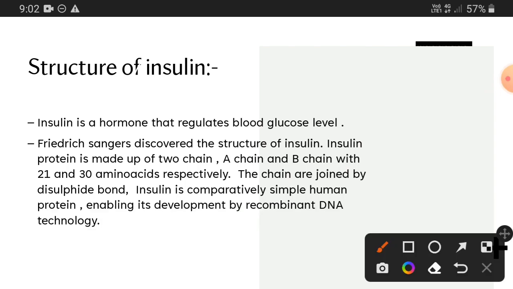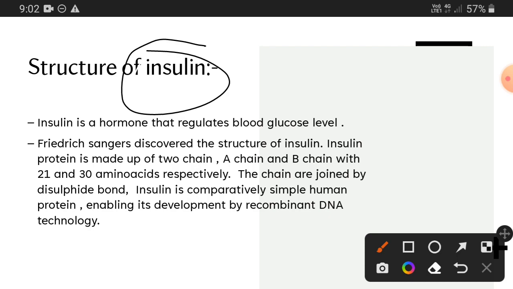So let's revise what we have learned up to this part. Insulin is a hormone that regulates the glucose level in blood. Now the problem is we have to produce insulin artificially in large amounts to fight against diabetes.